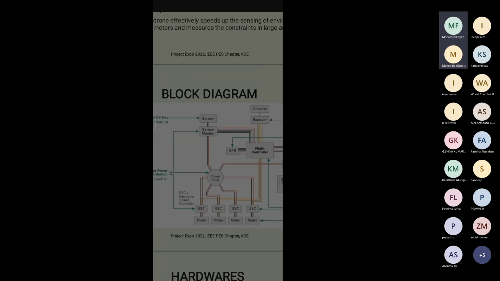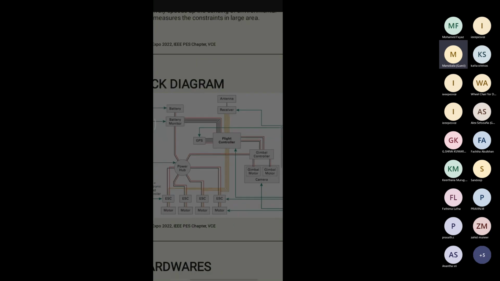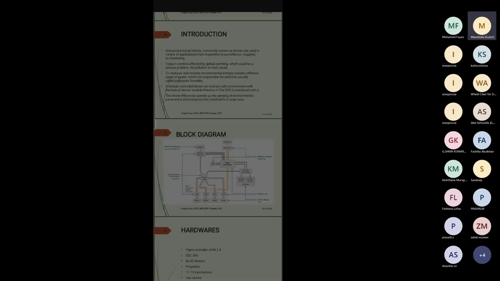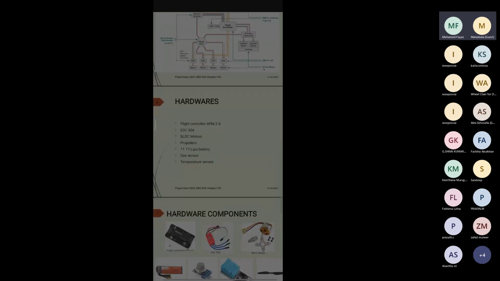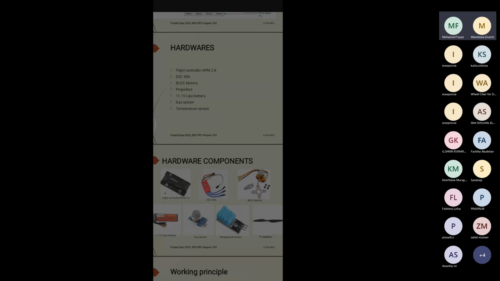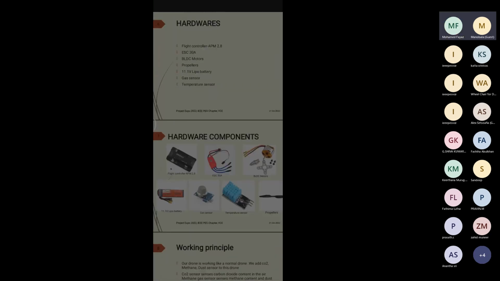The antenna and the receiver are connected. Let's see our hardware components. The flight controller APM 2.8, ESC 13 ampere, BLDC motors, propeller, 11.1 volt lithium polymer battery, gas sensor, and temperature sensor are used in our drone hardware.